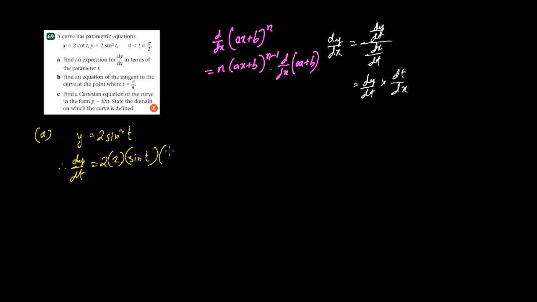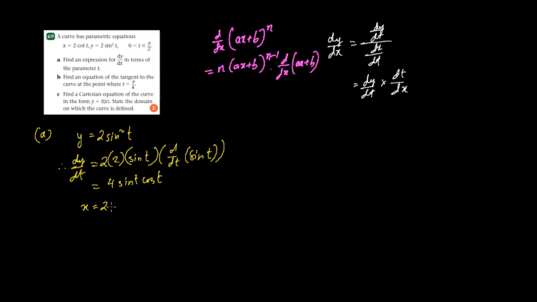Inside the power we have sine t, so we have d by dt of sine t. So now if we simplify, 2 times 2 is 4, sine t would be sine t, and d by dt of sine t is going to be cos t. So dy by dt is 4 sine t cos t.